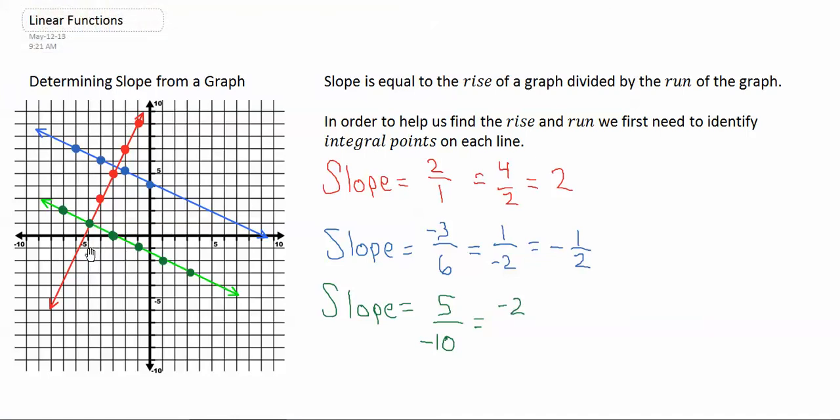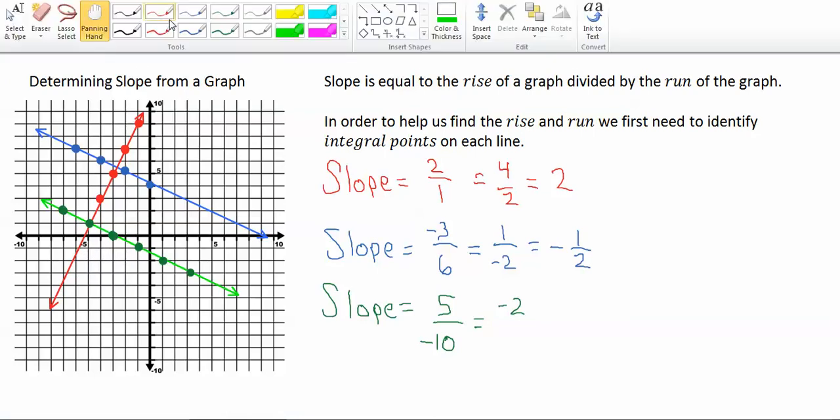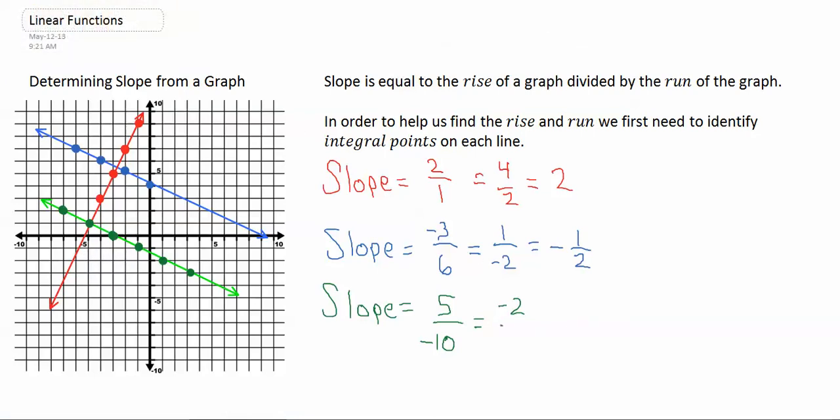Then I'm going to go right, 1, 2, 3, 4. Right on the x-axis is positive. Notice that both of these quotients simplify to give -1/2.